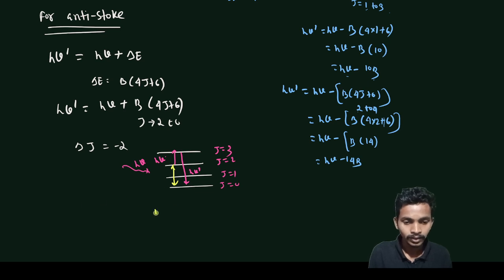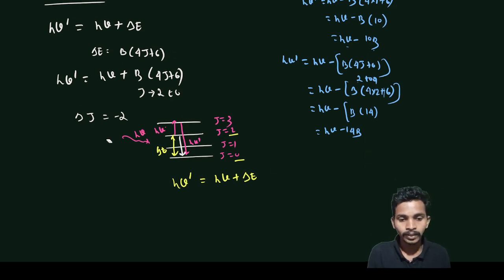So h nu dash is equal to h nu plus delta E. Where is this delta E from? From 2 to 0, this is the transition from 2 to 0.